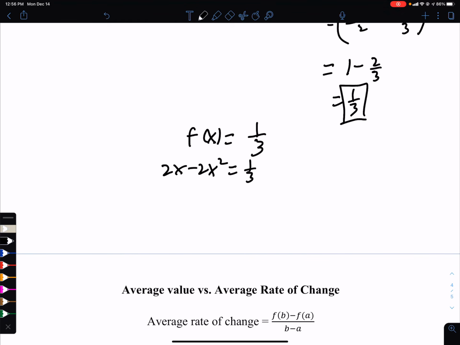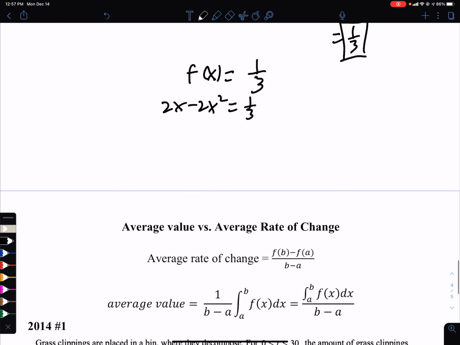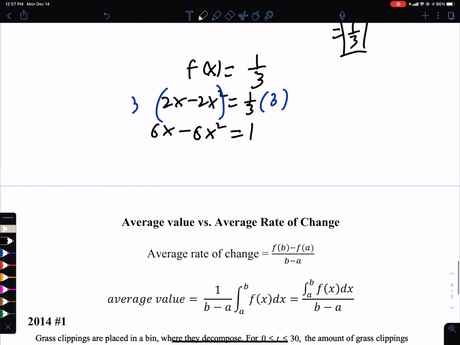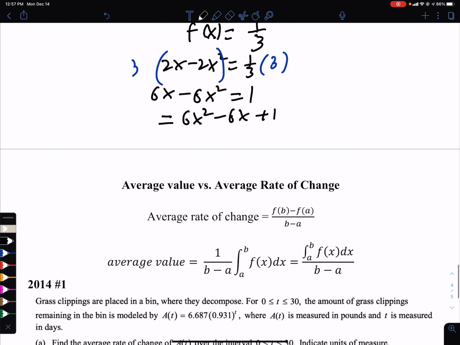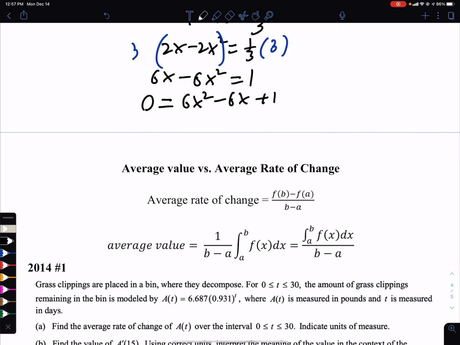Well, I don't like the fraction. I'm going to multiply everything by 3 on both sides to make my life better. I'm going to get 6x minus 6x squared equals 1. Okay, I'm going to add 6x squared to both sides to get that. Subtract 6x from both sides. And that becomes my equation. I'm going to factor that because it's equal to 0.